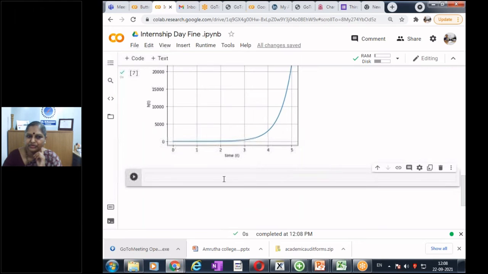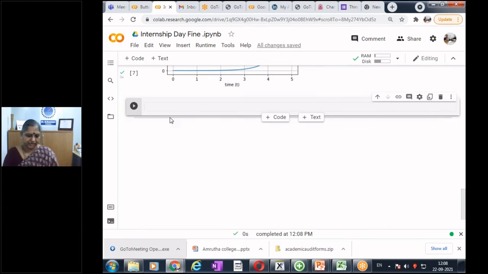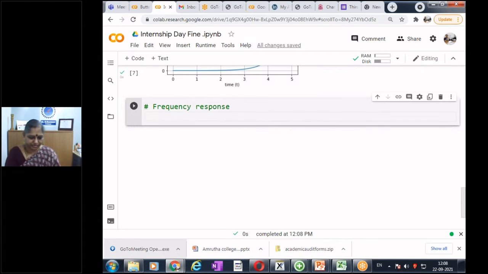So now let us try to do the same example. Let us do the magnitude response, that is the frequency response. Let us do the magnitude response first. What is the magnitude response?